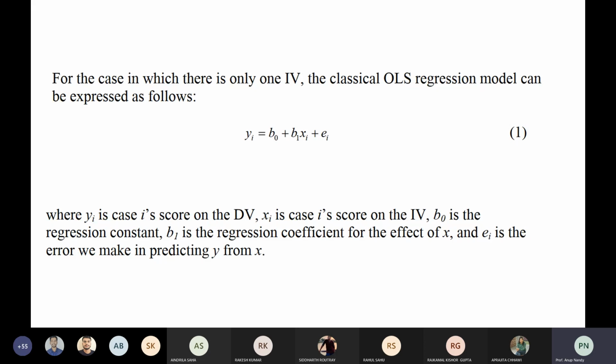For each observation you will have one error, so that's why it is ei, the error we make in predicting Y whenever you predict Y from X. Now, for linear regression, you can simply take one real-time example. Some of you must have used the Where Is My Train app.